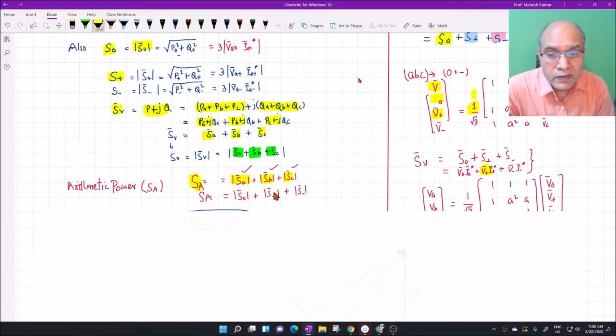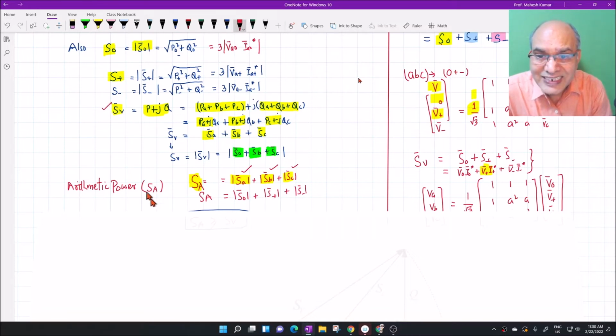So there are now two apparent powers. One is the vector apparent power and the second is the arithmetic apparent power.